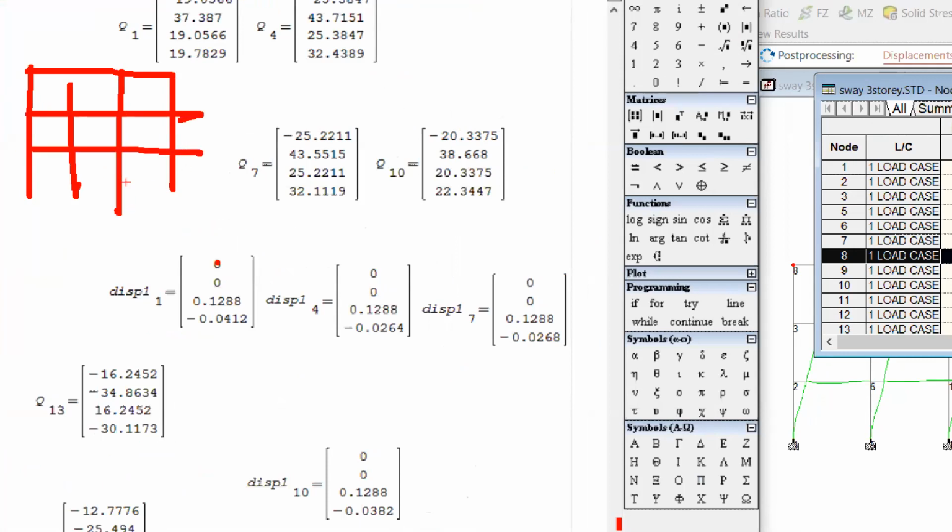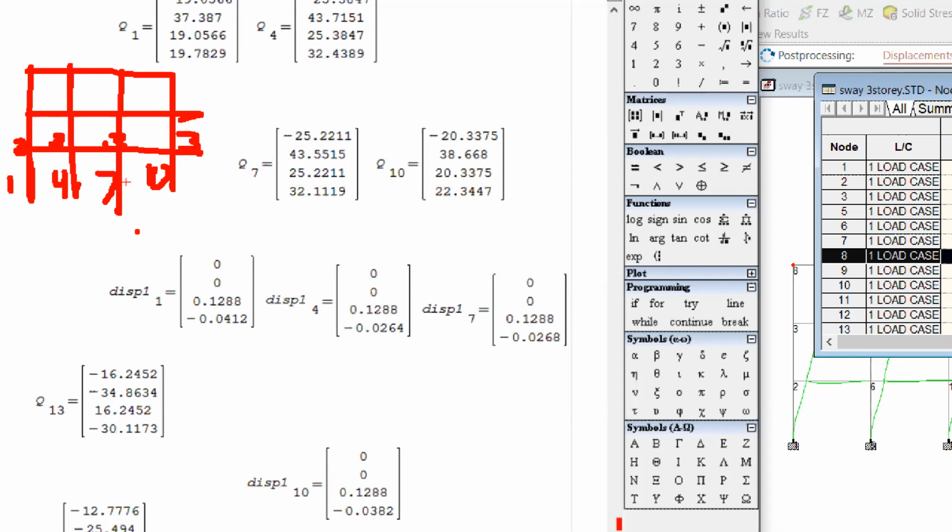So therefore, the lateral displacement of members 1, 4, 7, and 10 will be the same, no? Because we assume a rigid diaphragm, and by enforcing that displacement 3 will be present on this elevation.